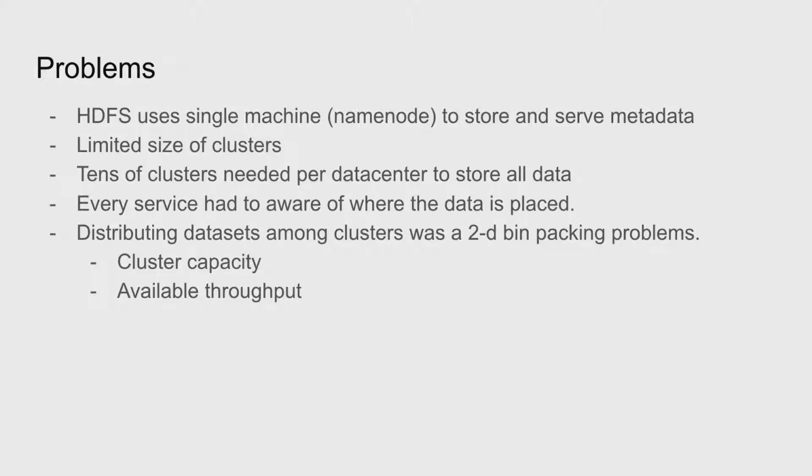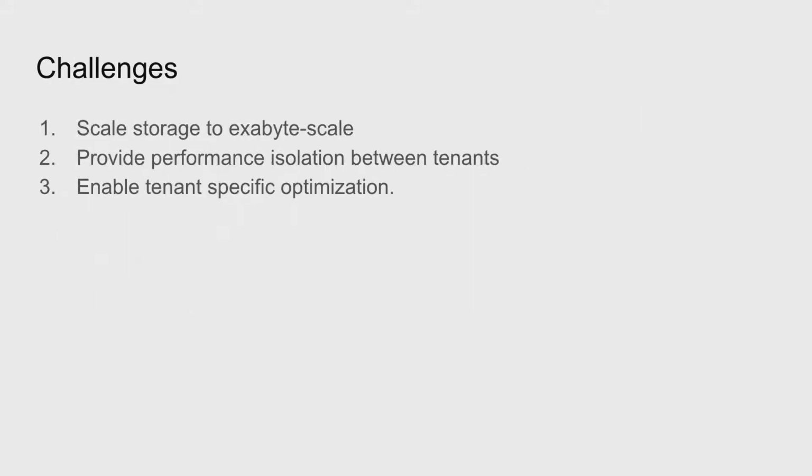Because of all these challenges, these specialized storage systems were operationally pretty complex. Facebook set out to build one storage system which could serve all their needs and have proper resource utilization. They mainly had three challenges in designing the system.